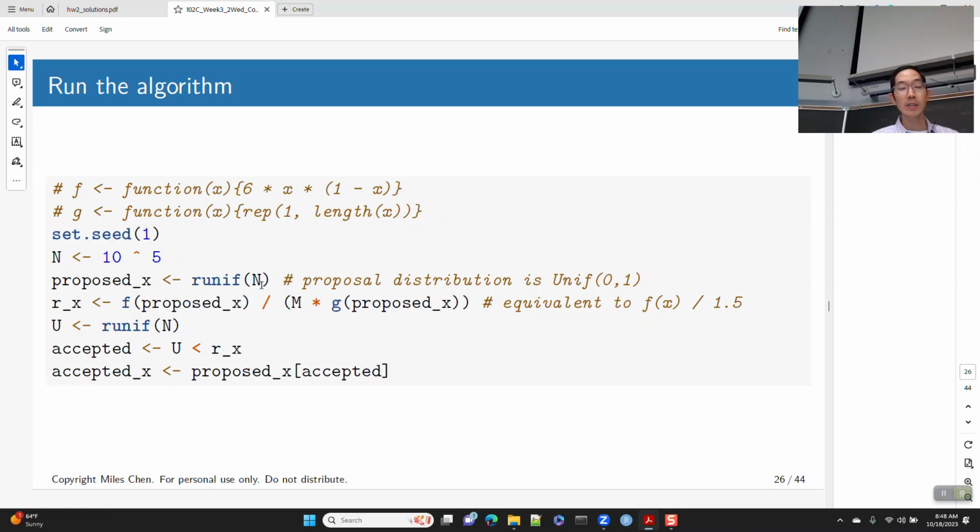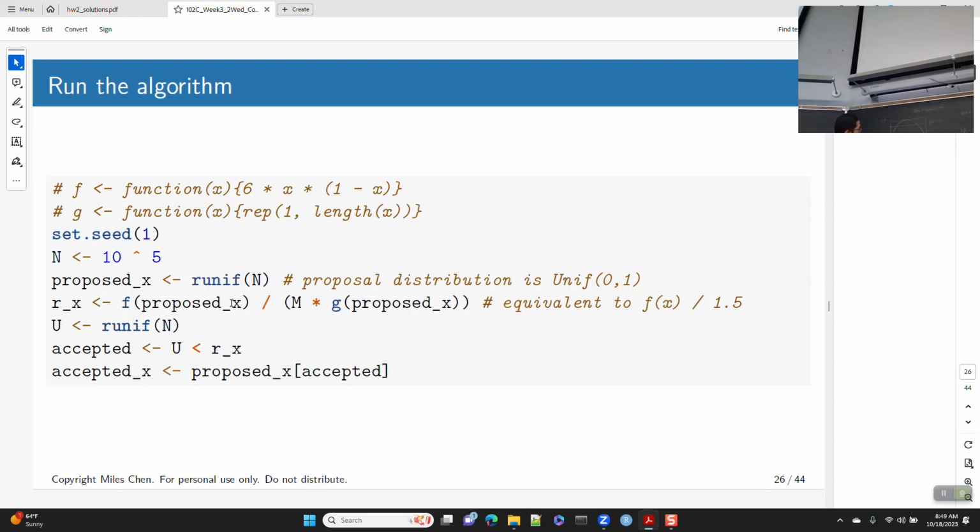Then I'm going to calculate f of the proposed value. We look at the PDF in our target distribution f, and then we divide by m times g of x, so basically we're going to divide by 1.5.